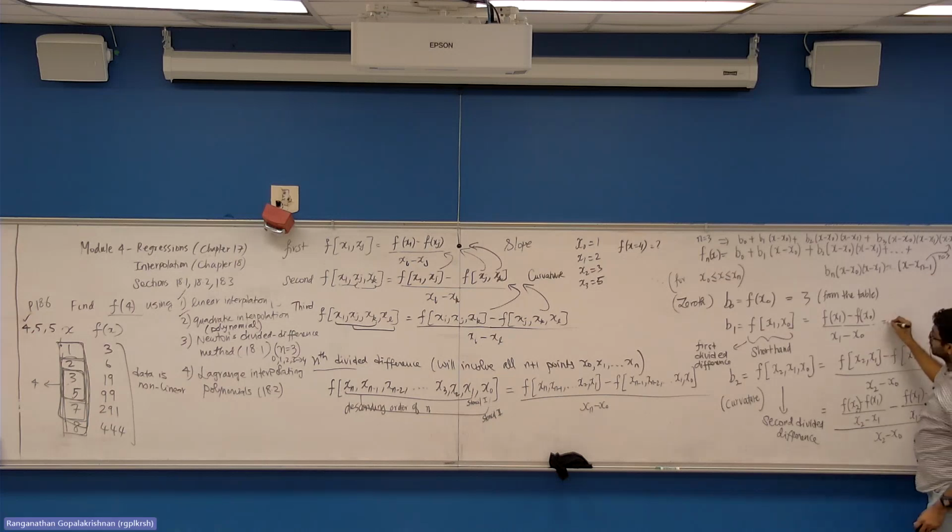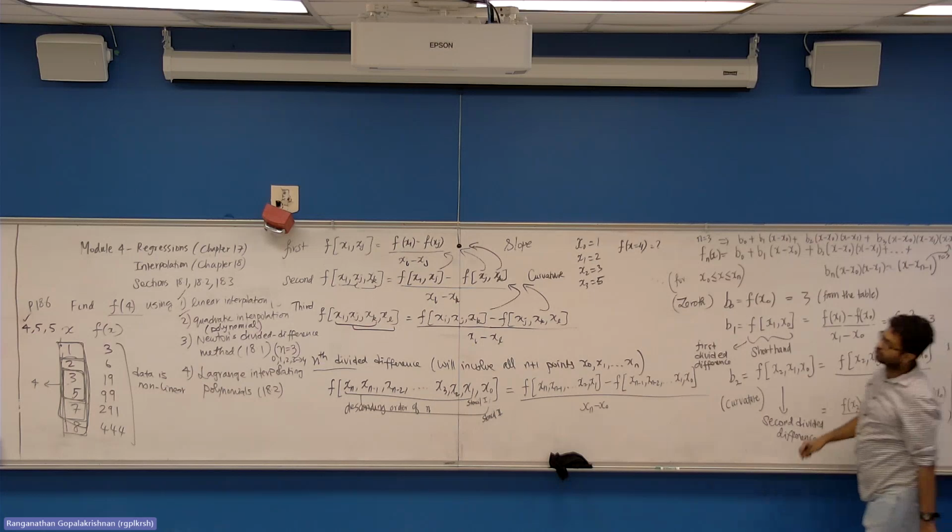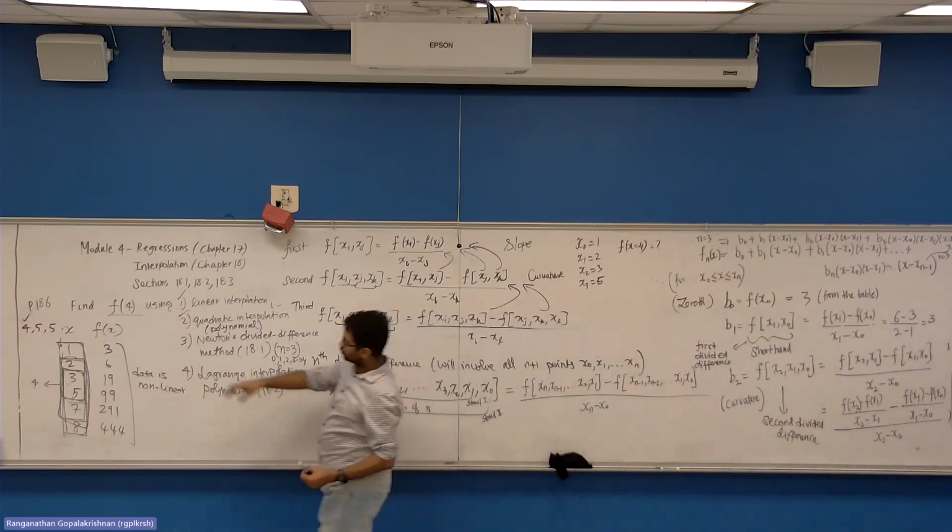That is 6 minus 3 divided by 2 minus 1, which is equal to 3. We're good? How we got b1 equal to 3? I'm just getting the slope between the first 2 points.